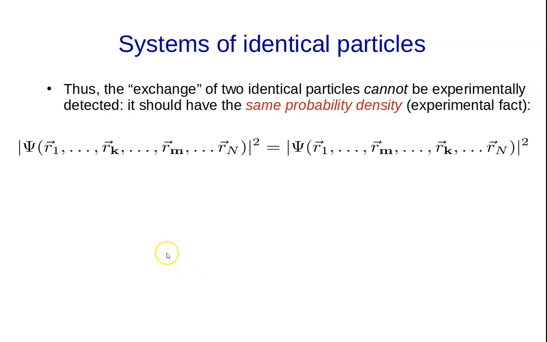As I said, if the particles are all identical and you cannot distinguish between them, say you have the state where they are all in state phi, an n-body quantum state, and you project that state in configuration representation, so you have the coordinates of the n particles here.